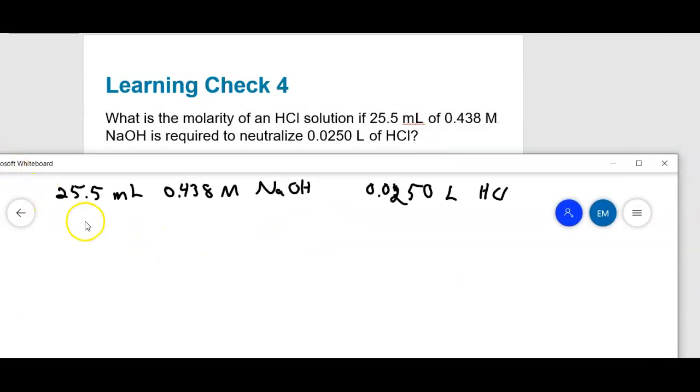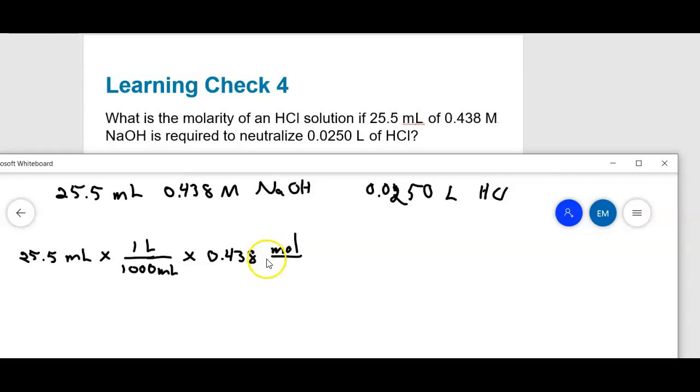So let's do this. You have 25.5 milliliters of, that's going to be times 1 liter per 1,000 milliliters, times 0.438 moles per liter.